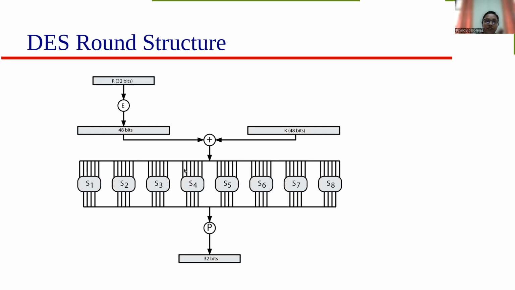When the conversion from 6 bits to 4 bits is done using the S box, the 1 bit error becomes a 2 bit error. Then there's this permutation step which mixes all these 32 bits. So the 2 bit error now can be propagated into 2 different positions in the plain text.